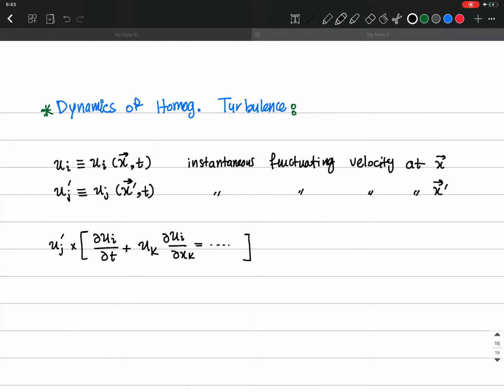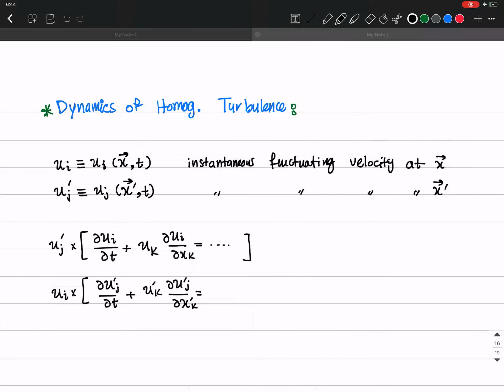And similarly, we can do that for the other equation. So I multiply ui by the Navier-Stokes equation that is written for u prime j, partial t plus u prime k partial u prime j over partial x prime k.